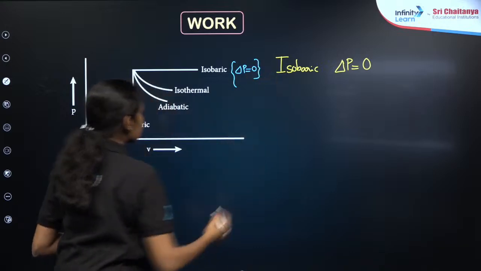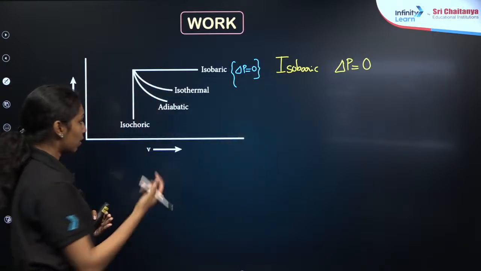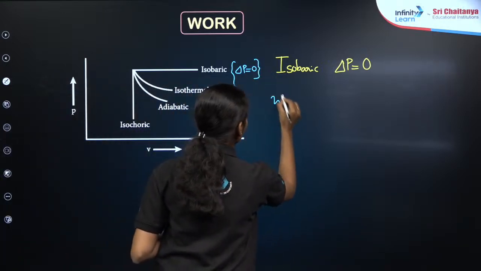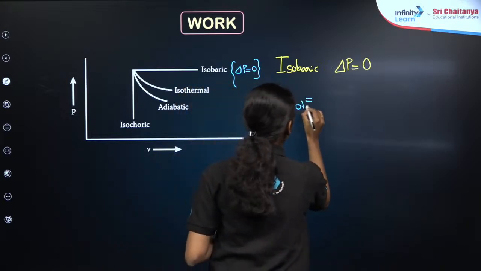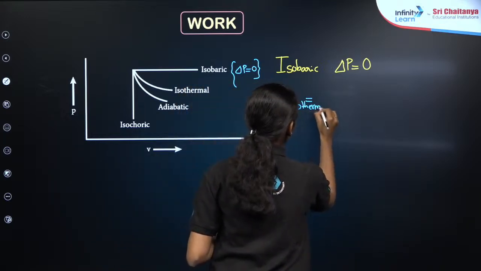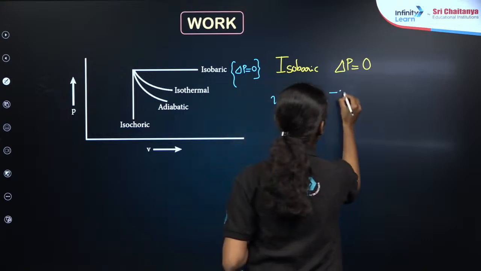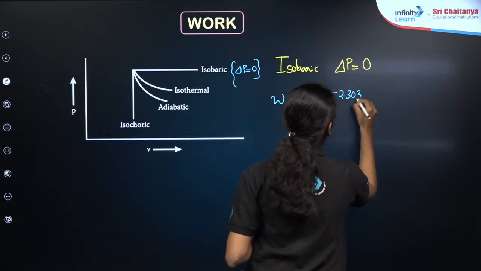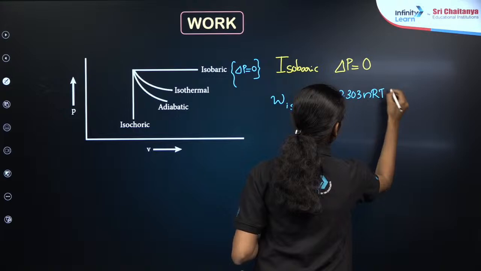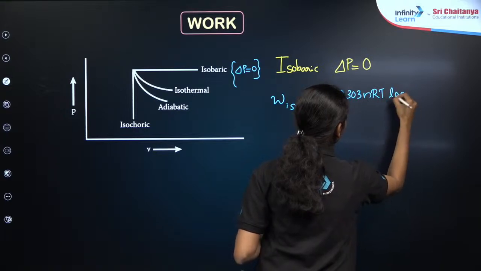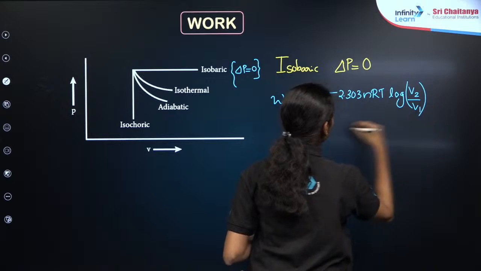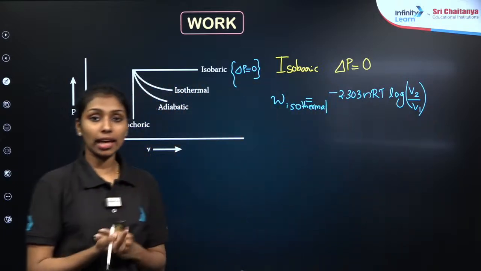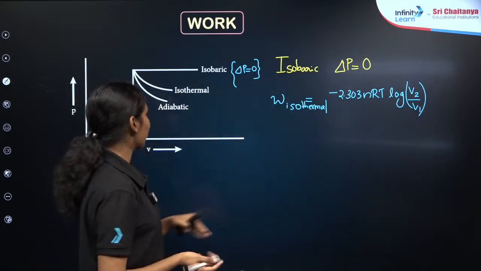Then whenever we are considering the isothermal process, we already know the work done during an isothermal process is equal to minus 2.303 nRT log V2 by V1, or Vf by Vi, right?